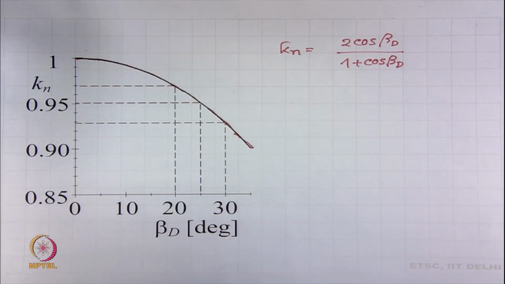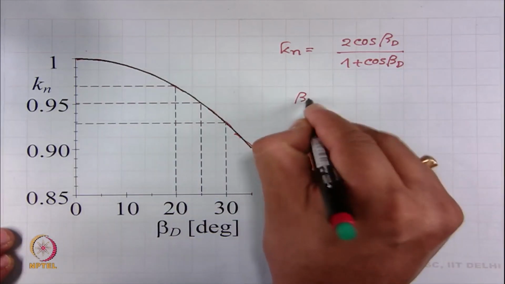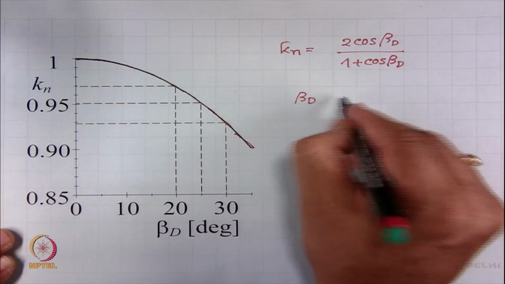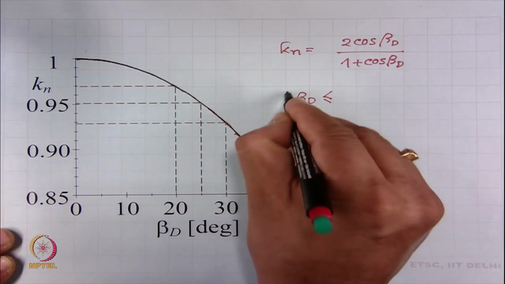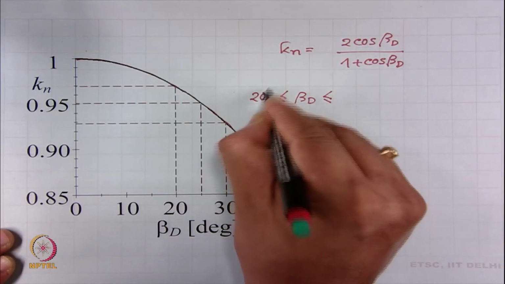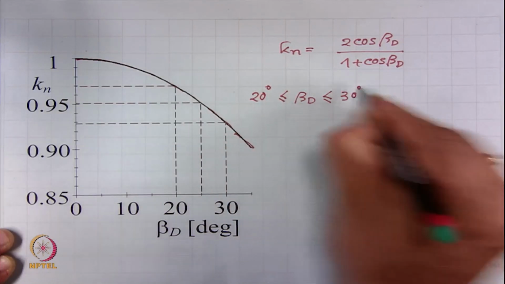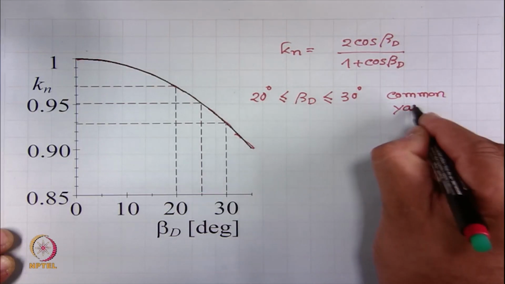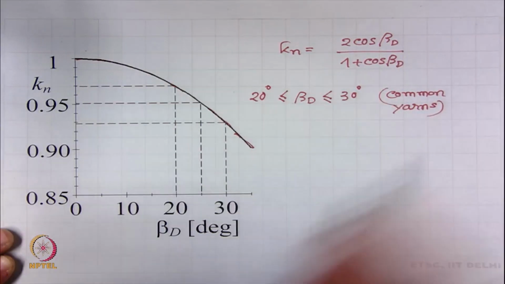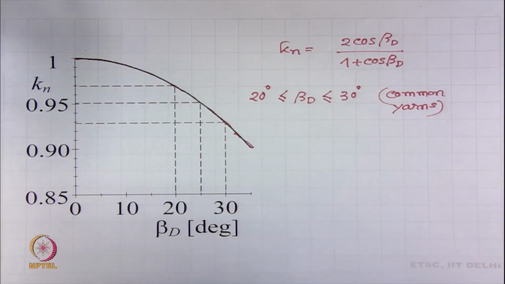Right. Generally this angle beta d for common yarn will lie from say 20 degree to 30 degree. So, for common yarns this angle beta d lies from 20 degree to 30 degree.